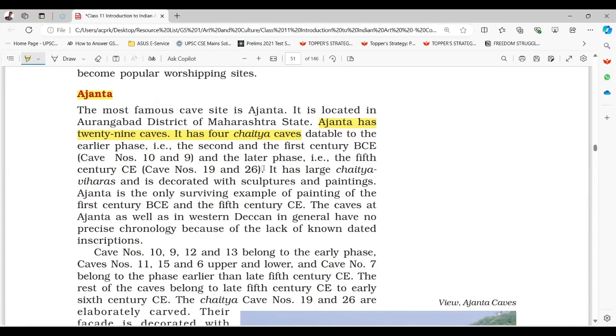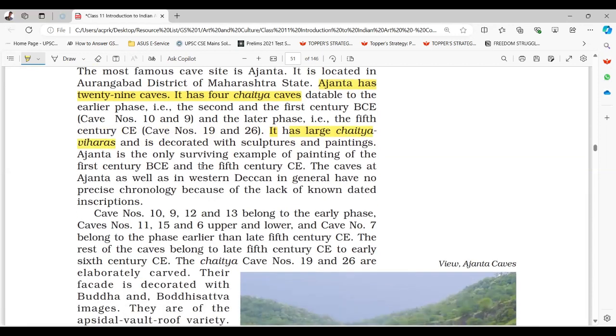It has large Chaitya viharas and is decorated with sculptures and paintings. Ajanta is the only surviving example of painting of the 1st century BCE and the 5th century CE.